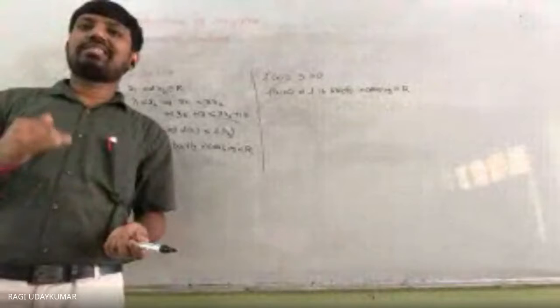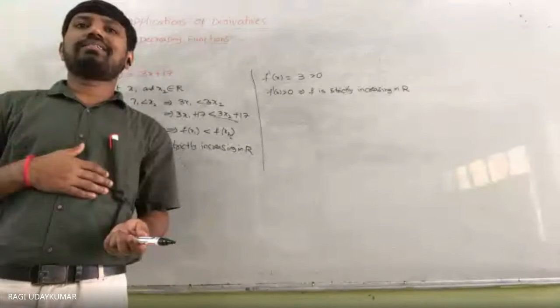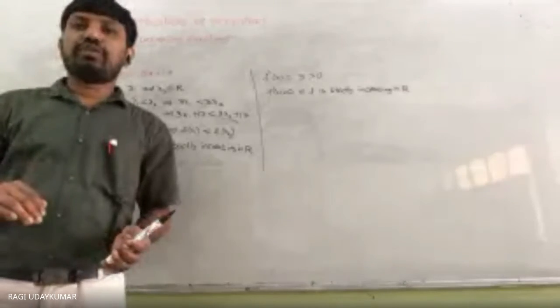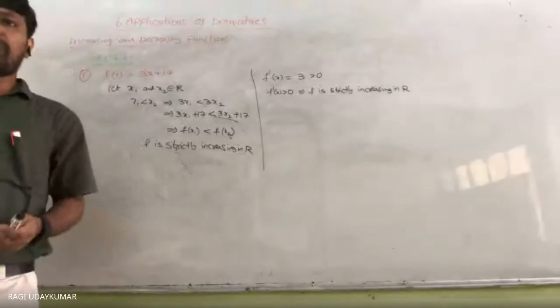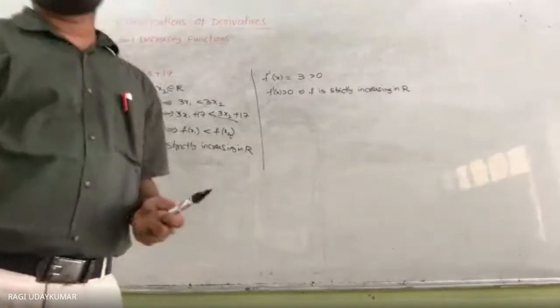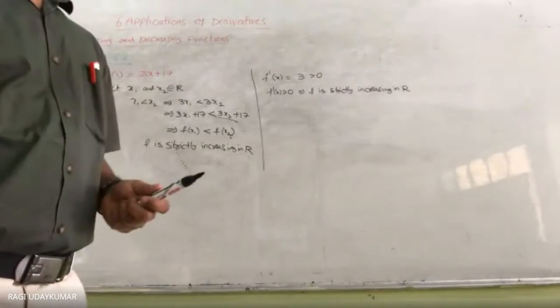Third question: f of x is equal to sin x is given. Show that this function is increasing in the interval 0 to pi by 2, strictly decreasing in pi by 2 to pi, and neither increasing nor decreasing in 0 to pi.